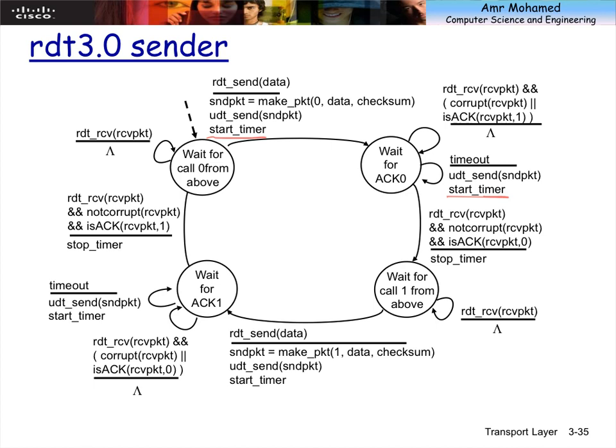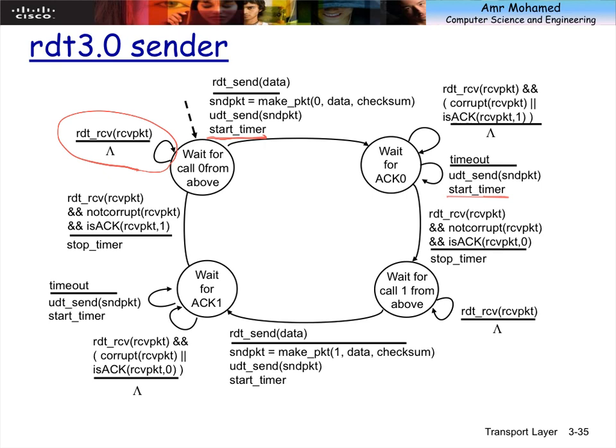It's the same 4-state sender. The difference now is that when we send, there is a start timer. Okay? So this is one change. We see a very interesting state here.